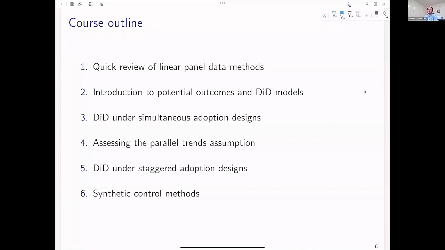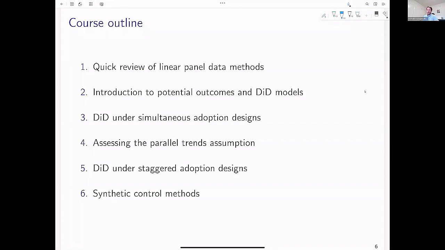And then we're going to try to understand why it is that diff-in-diff models may not work in this case. And of course, what to do if we think that these models are not going to work, and how to implement all these new methods that have been proposed by the methodological literature to deal with these problems and actually be able to recover credible estimates of policy effects under staggered adoption designs.